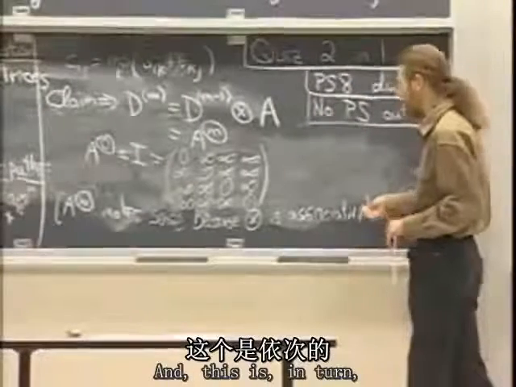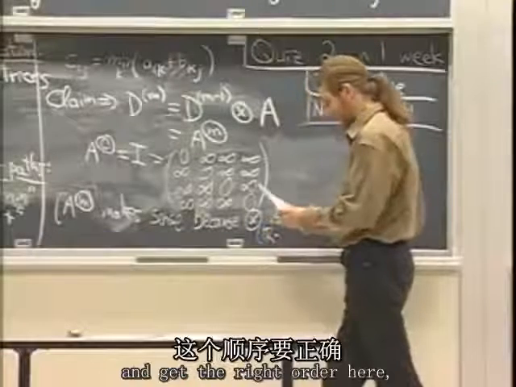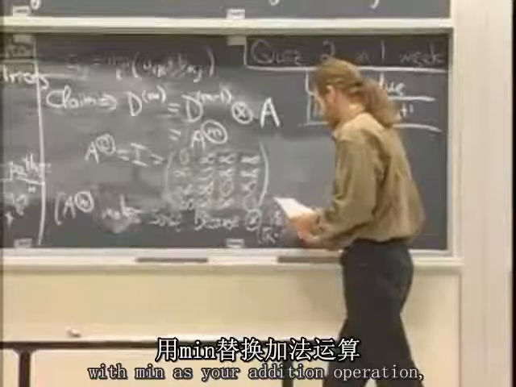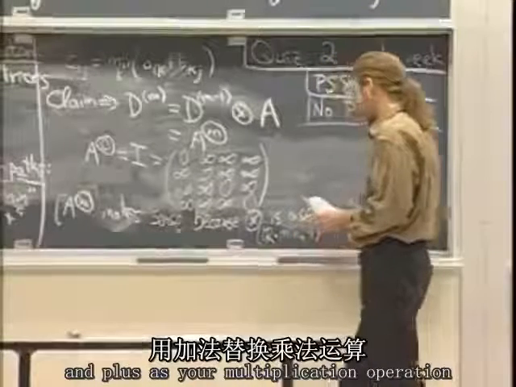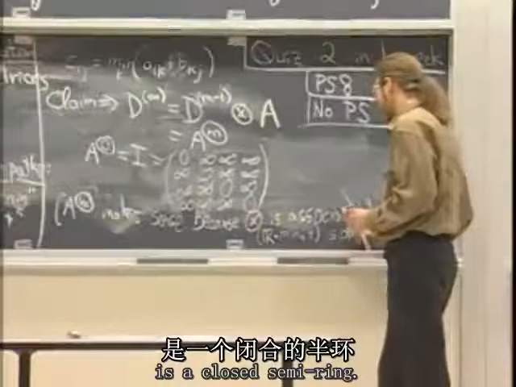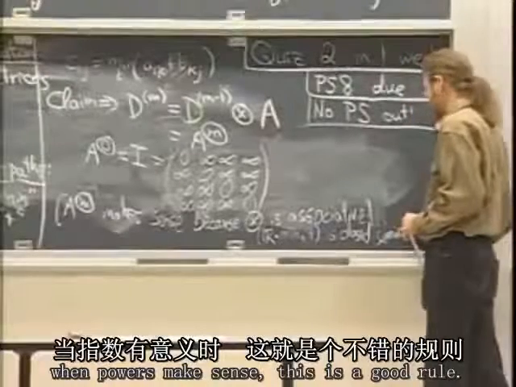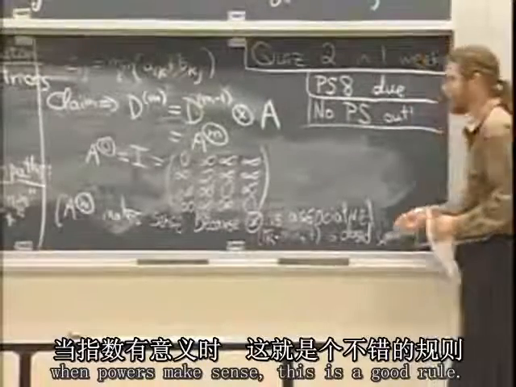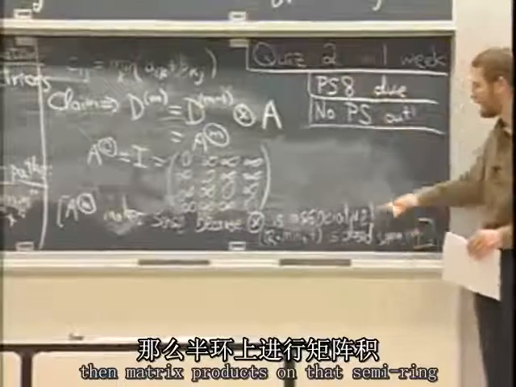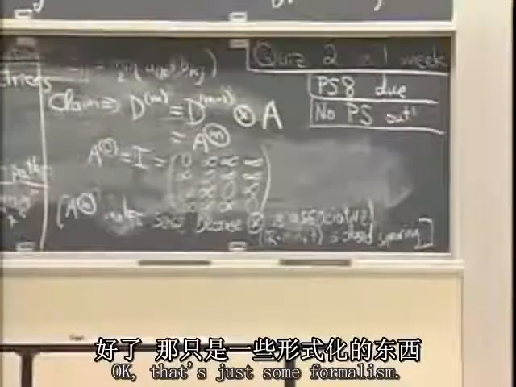And this is in turn because the real numbers with min as your addition operation and plus as your multiplication operation is a closed semi-ring. So if ever you want to know when powers make sense, this is a good rule. If you have a closed semi-ring, then matrix products on that semi-ring will give you an associative operator, and then you can take products. Okay, that's just some formalism.